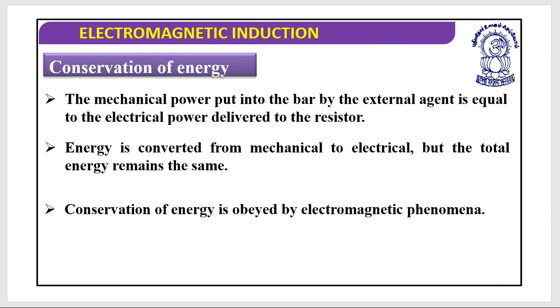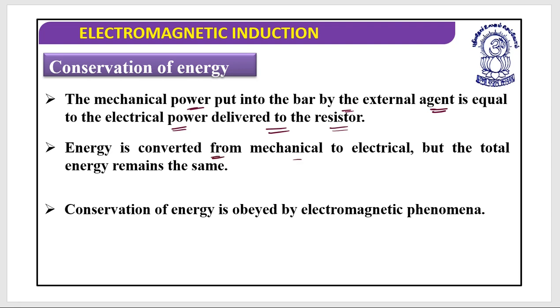So what conservation of energy means here is that the mechanical power put into the bar by the external agent is equal to the electrical power delivered to the resistor. Whatever mechanical power I provide to my circuit has to be used to deliver power, and we always take the output from the resistor, that is, the power delivered to the resistor.